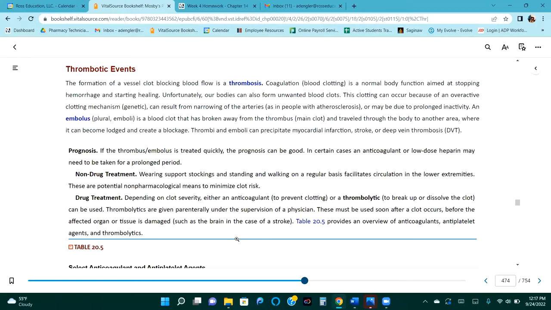An embolus is a blood clot that has broken away from the thrombus, the main clot, and traveled through the body to another area where it can become lodged and create a blockage. Thrombi and emboli can precipitate myocardial infarction, stroke, or deep vein thrombosis.